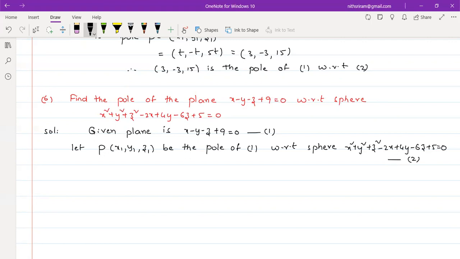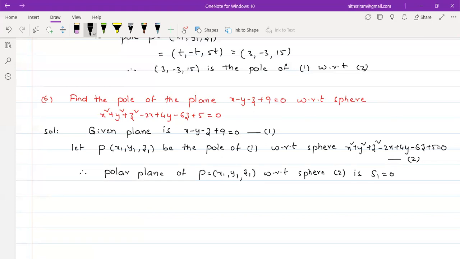Therefore, the polar plane of P, which is x1 comma y1 comma z1, with respect to the sphere of equation 2 is S1 is equal to 0.